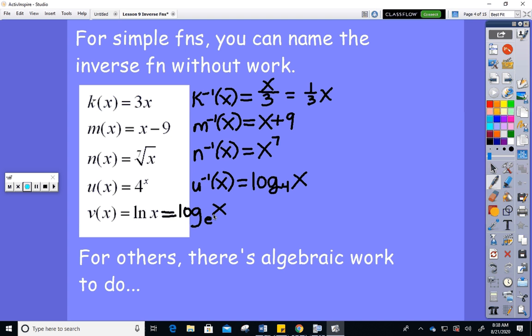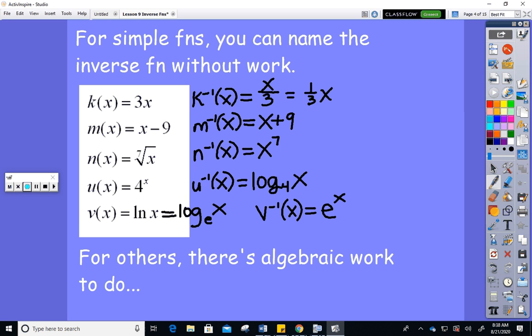But log base e of x is the meaning. Well, now I know that v inverse of x is an exponential, and the base of the logarithm and the base of the exponential must match in order for me to have a pair of inverses. So my base has to be e to the x, okay? And so that's just a quick rundown of finding the equations of inverse functions.